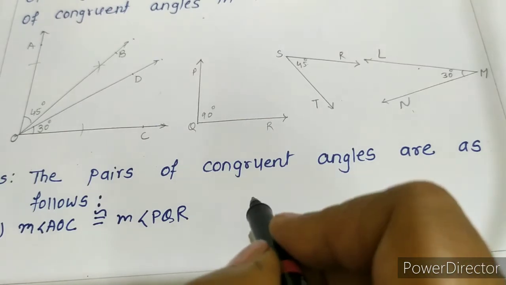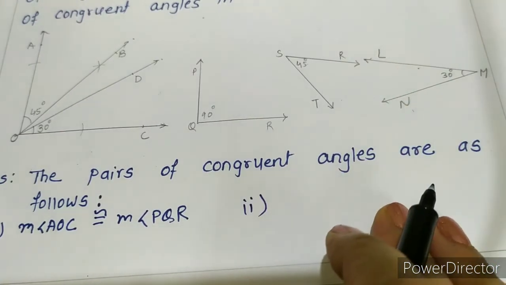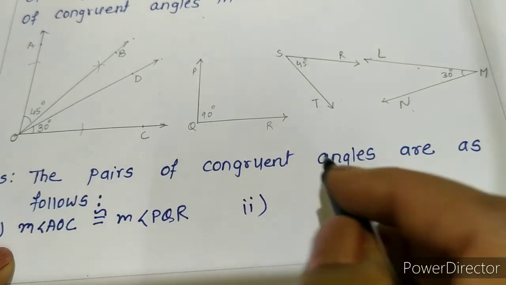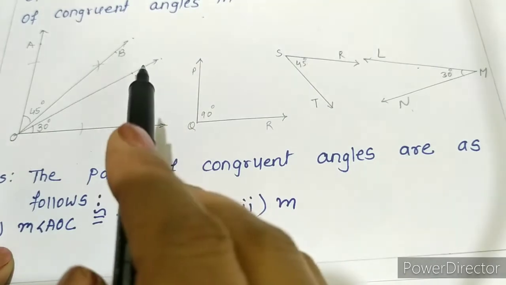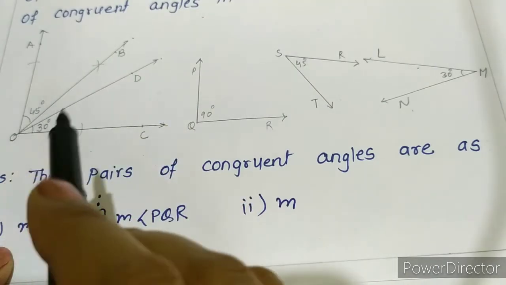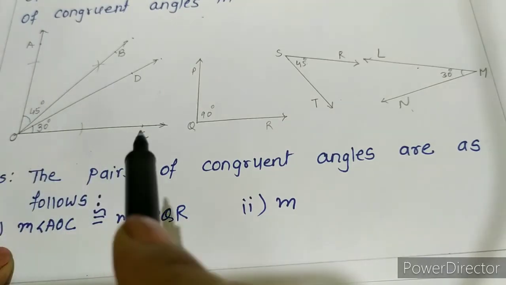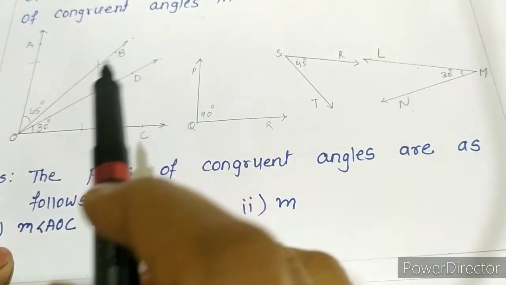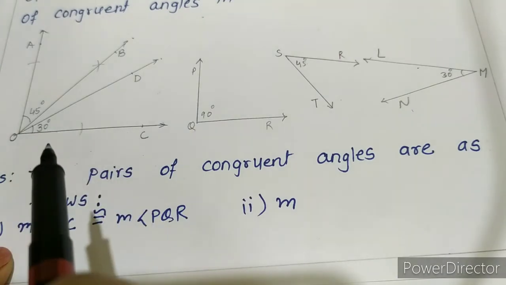Another pair: measure of angle AOB is 45 degrees. OB is the angle bisector of angle AOC, so angle AOB is 45 degrees and angle BOC is also 45 degrees.